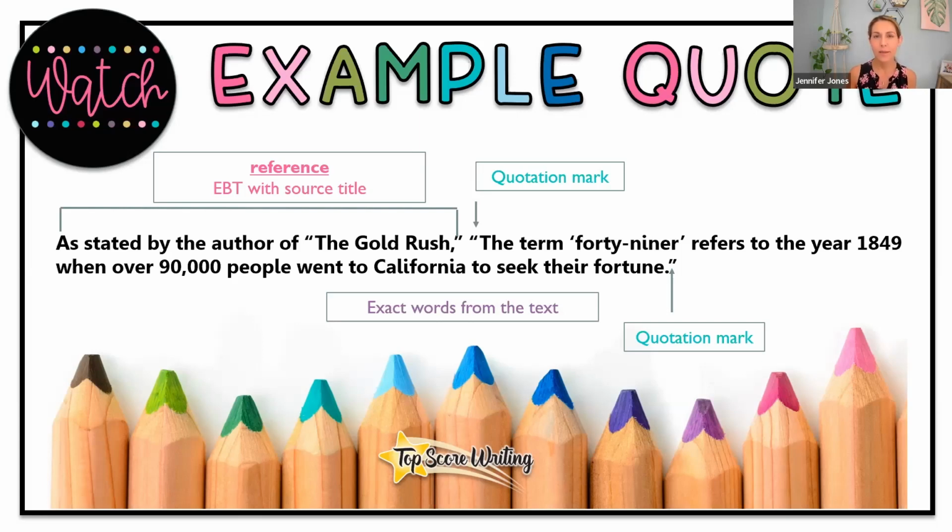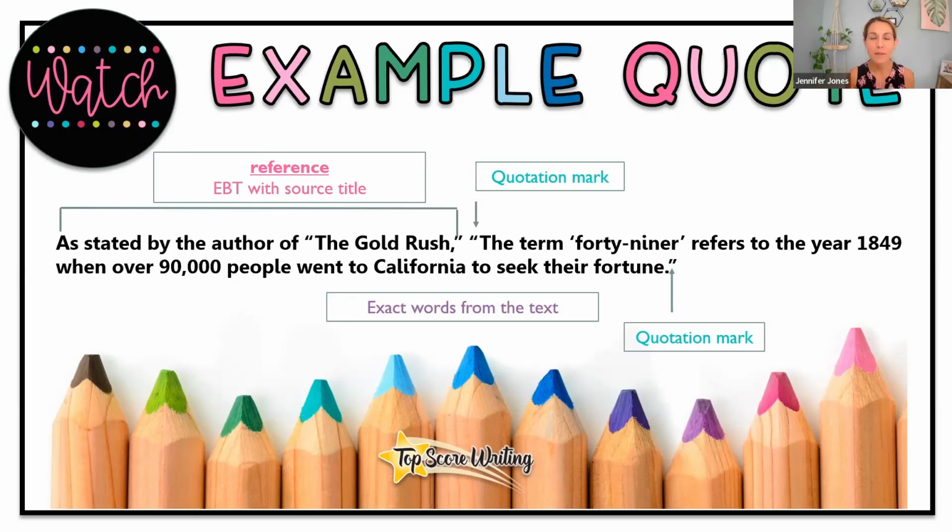Well, here's why. Would it be helpful to you if I said, the article said? Would that help you know exactly where I got this sentence from? It wouldn't, would it? Because guess what? In this text set, there was more than one article. Within a text set, there's going to be 2, 3, maybe 4 different articles.